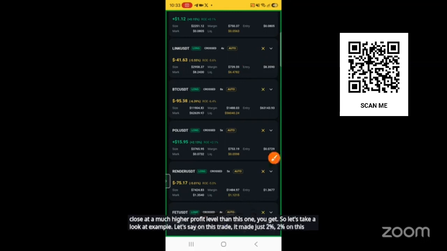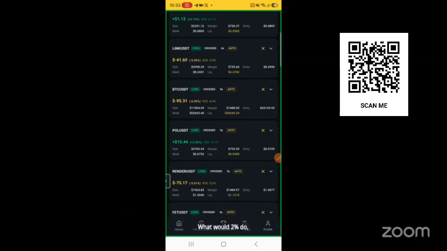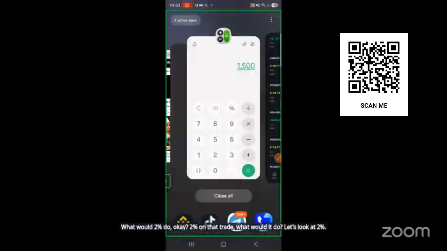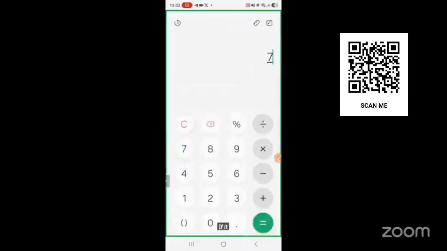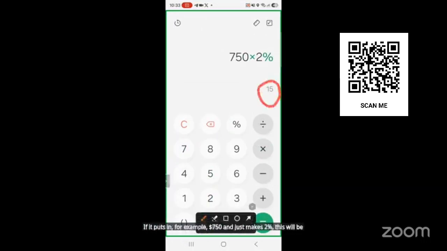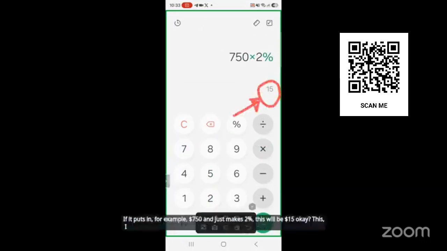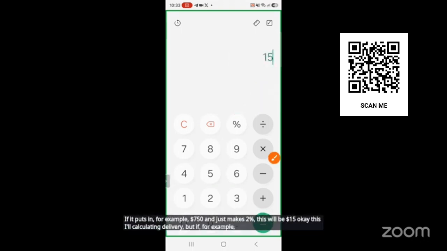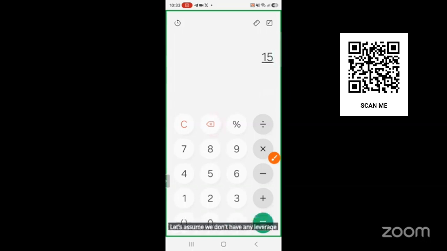If it puts in $750 and makes 2%, this will be $15. I'm not calculating the leverage, but if it was using a leverage of maybe 3, this would be $45. Let's assume we don't have any leverage on any trade. 2% of $750 would be $15.